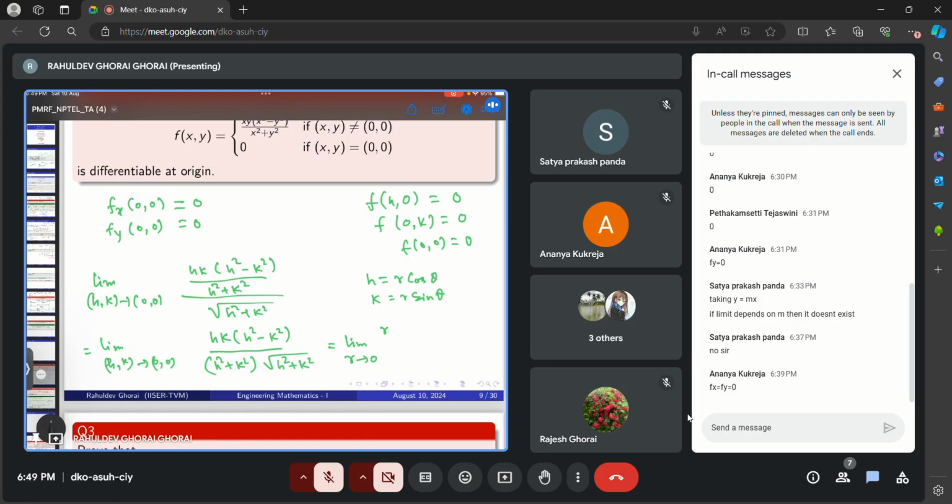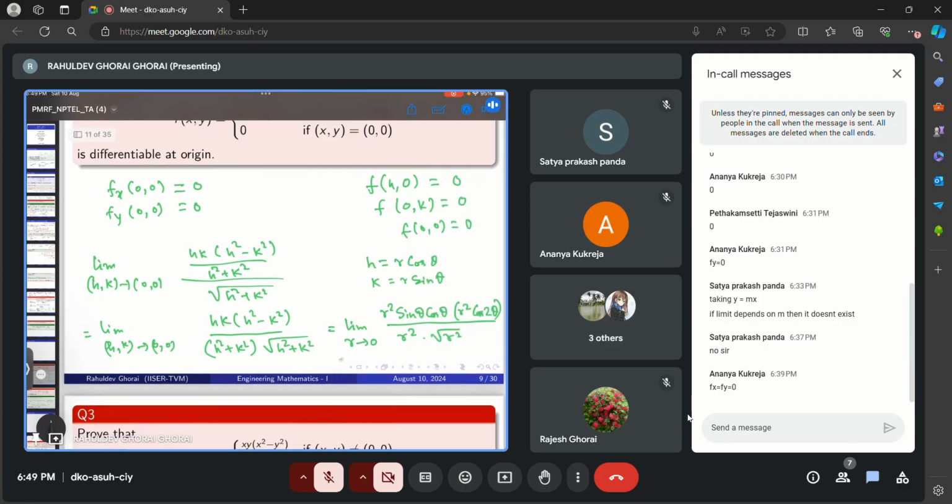So then what will happen: sin theta cos theta times r square cos square theta minus r square sin square theta. That will be r square cos 2 theta over r square times square root of r square. Is it correct? So the calculation is correct, right?